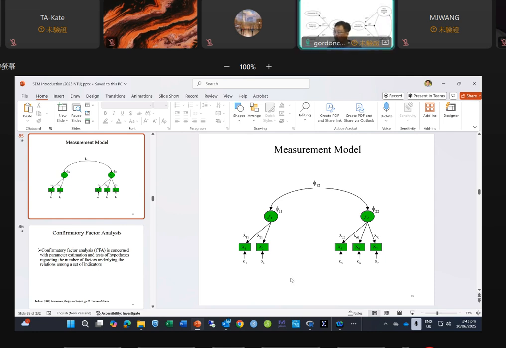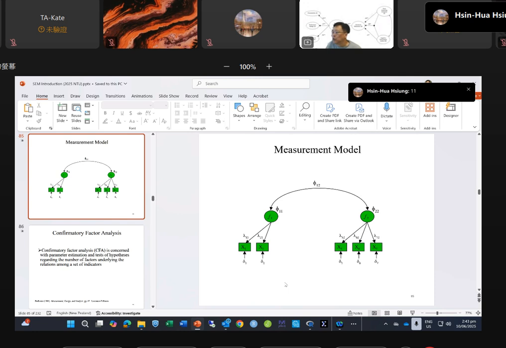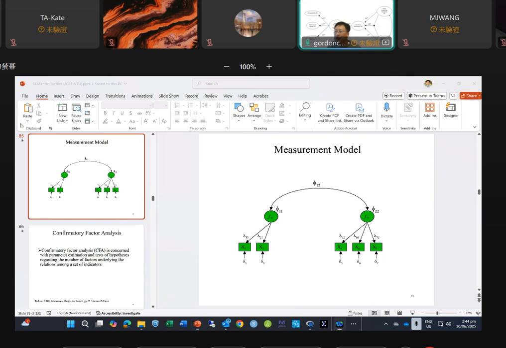How many parameters are we estimating here? Yes, we have 11 estimated parameters. Let's assume that we fix the first loading of each factor at 1. So we have 2 factor loadings here, 3 factor loadings here. We're estimating 5 factor loadings, 5 error terms, and 1 correlation. So q equals 11. Degrees of freedom equals 4.